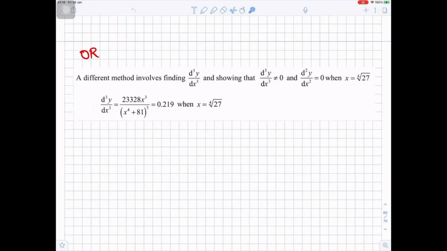So in this case, if you differentiate the third time, d cubed y over dx cubed would be 23328x cubed over (x to the 4 plus 81) all cubed, and it will give you 0.219, which is not equal to 0. And that would show that it is a point of inflection. That's another way to do it.